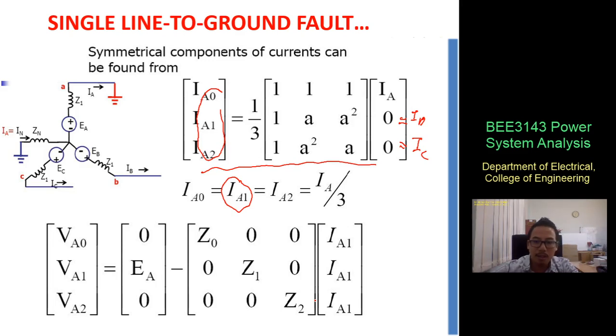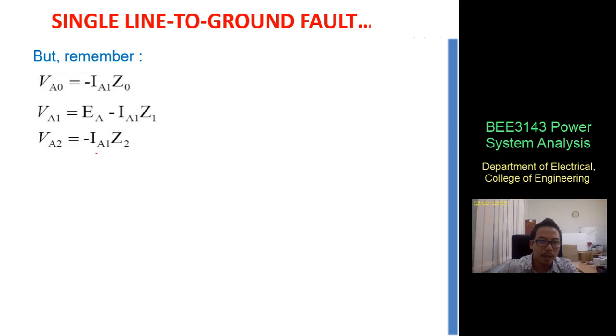From this matrix, we can easily get VA0 equal to minus IA1 Z0, VA1 equal to EA minus IA1 Z1, and VA2 equal to minus IA1 Z2.